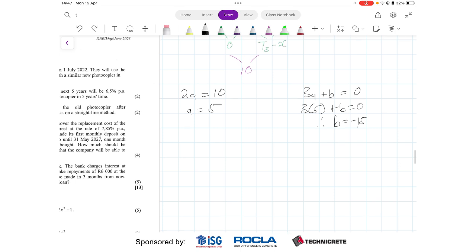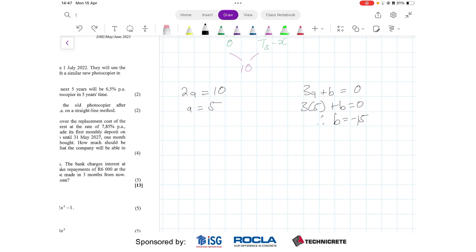I am saying we are going to say t3 minus x minus 0 is equal to 10, which thus tells you that t3 is equal to x plus 10, right?